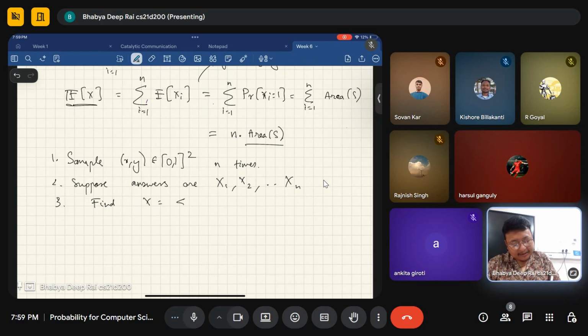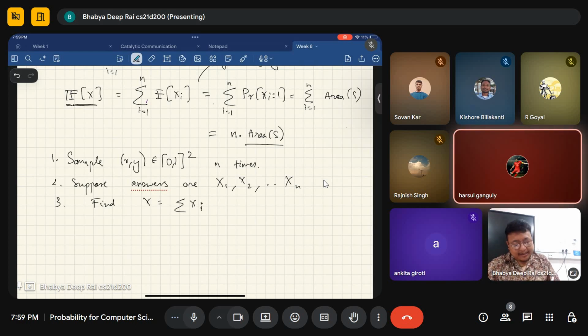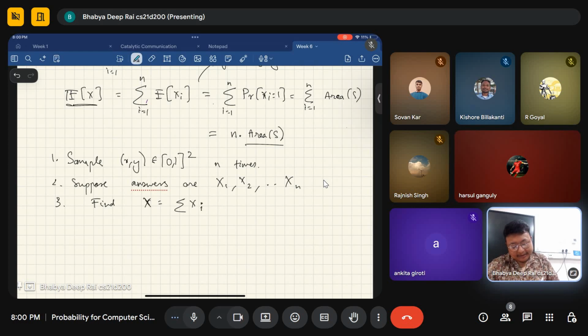Find X equals summation of Xi's. Okay, and you get this. Last part is output what? X by n. Now the thing is, why?